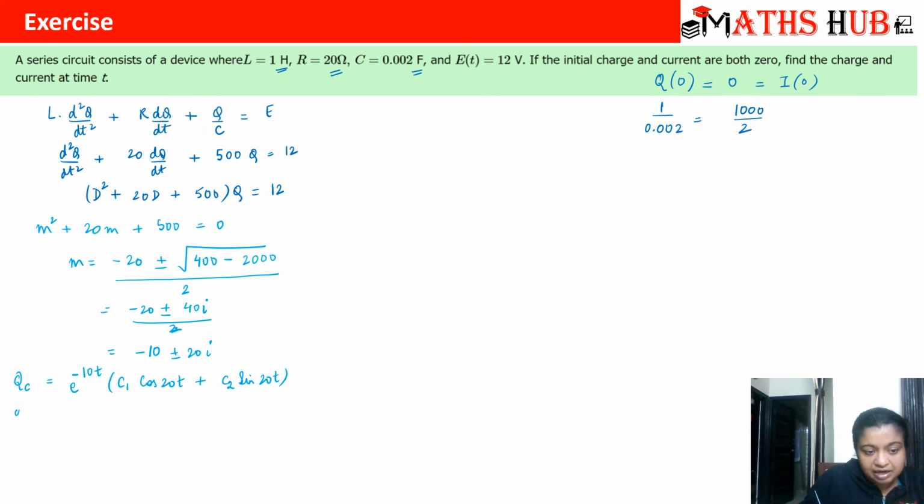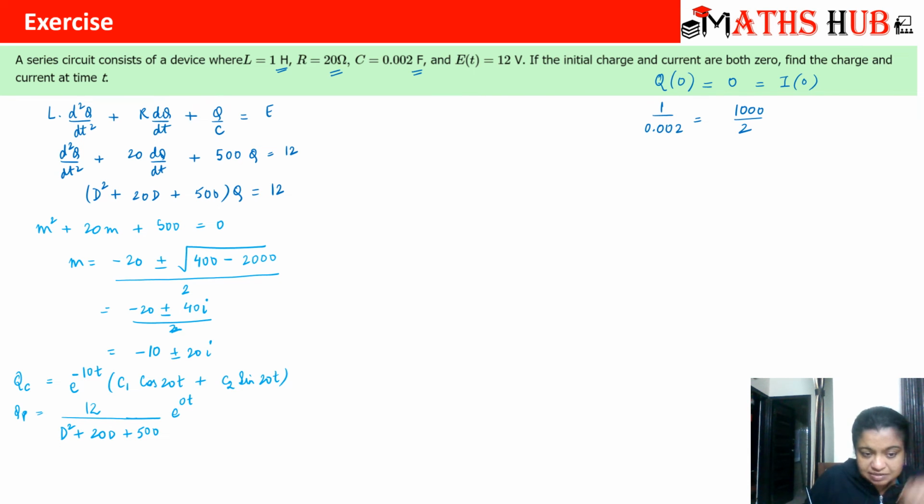Now let's calculate the particular integral. So the particular integral is 1 by, the auxiliary equation said it was d square plus 20d plus 500, and on the right hand side we have 12. So I can take out 12 as a constant and I can write this as e raised to power 0t, because e raised to power 0t is same as 1.